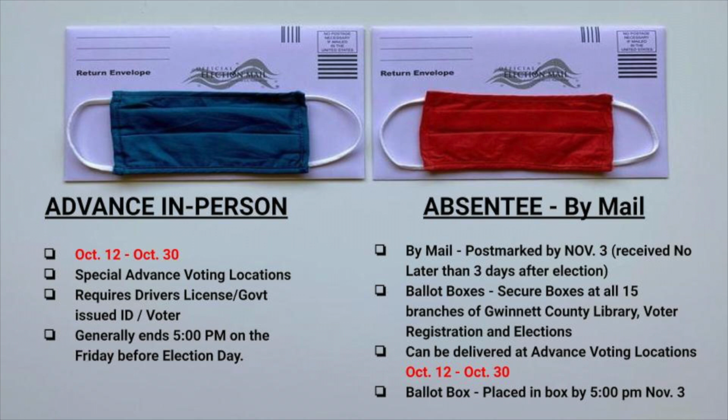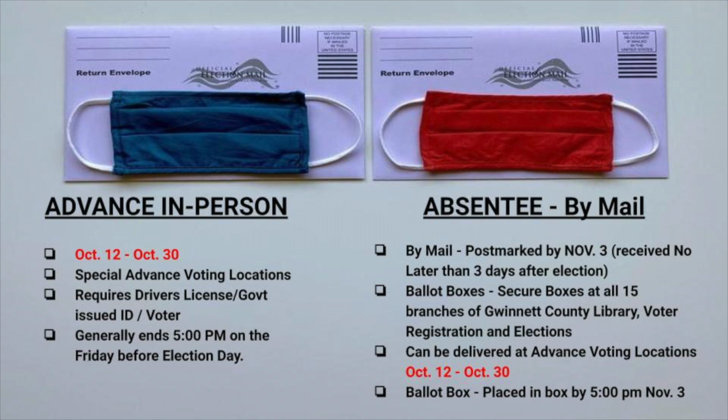You will need a government issued ID or a voter identification card, which you can get at the Board of Elections office. If you choose not to vote in person, but you would like to cast your ballot by paper ballot, you will need to apply for an absentee ballot. You can do so now because they have already started to mail them out.